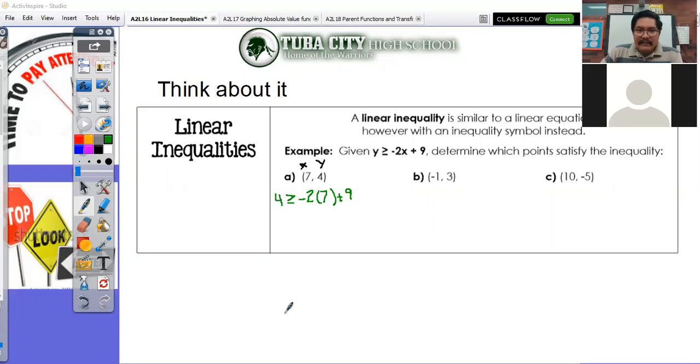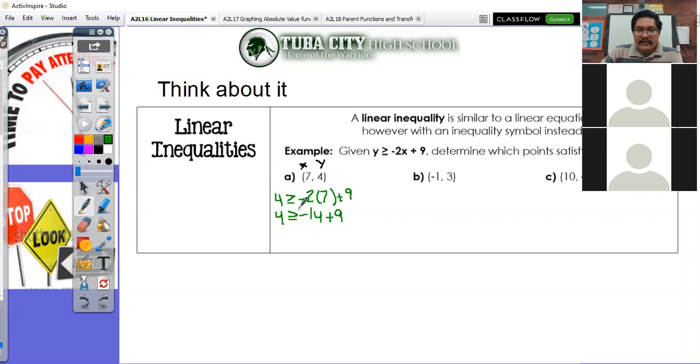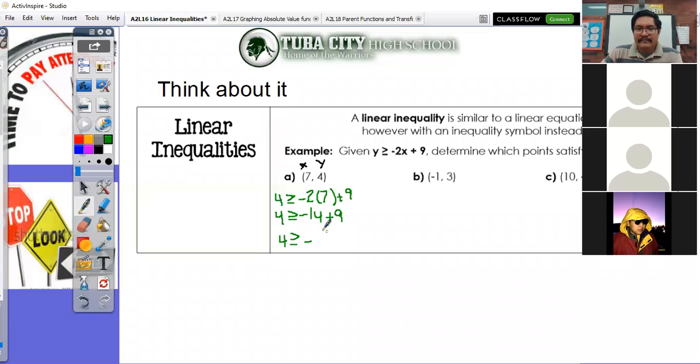Okay, and then keep going. Evaluate your inequality, negative 14 plus 9. Now we need to add these together. So 4 greater than, let's see, negative 14 plus 9, so that'd be negative 5.